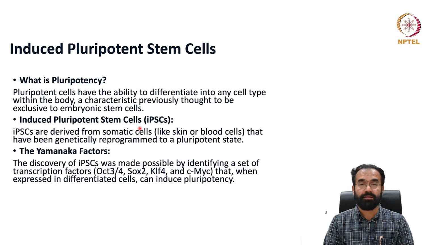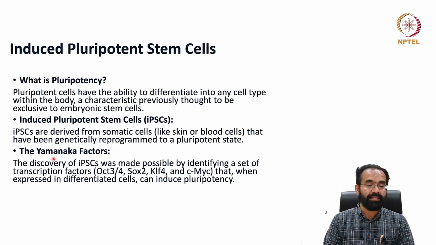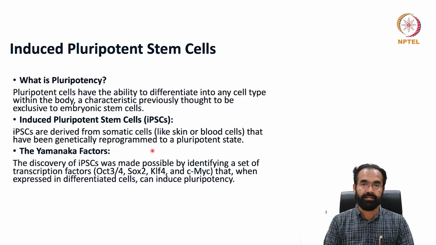Induced pluripotent stem cells, in short called iPSCs, are derived from somatic cells like skin or blood cells, like I mentioned just now, that have been genetically reprogrammed into a pluripotent state. It was your cell and it is your cell, except that its genetic nature has been changed.